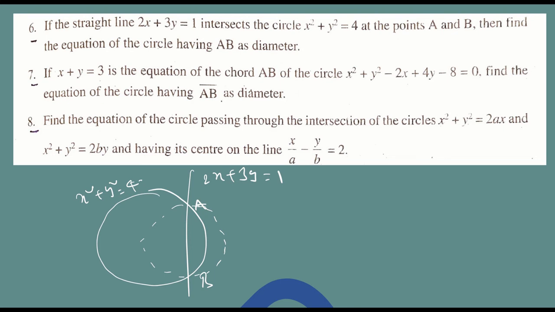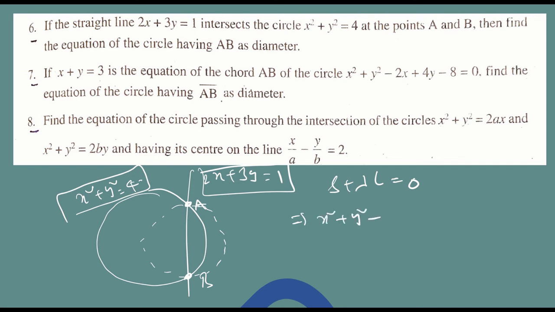Now we know that any circle passing through A and B is of the form S plus lambda L equal to 0, where this is S and this is L. So writing, I'll get x square plus y square minus 4 plus lambda times L, which is 2x plus 3y minus 1, equal to 0. Now this is any circle passing through the points A and B.